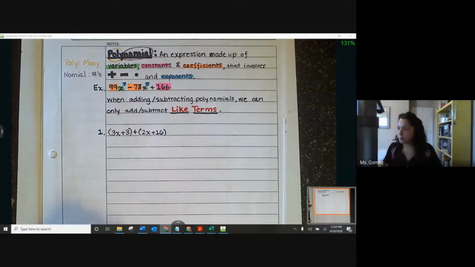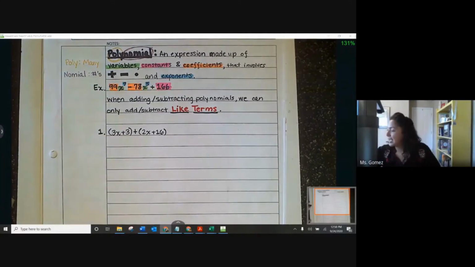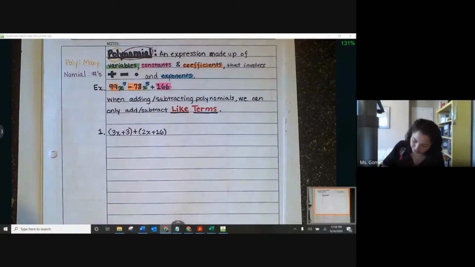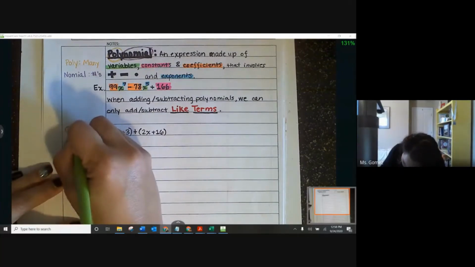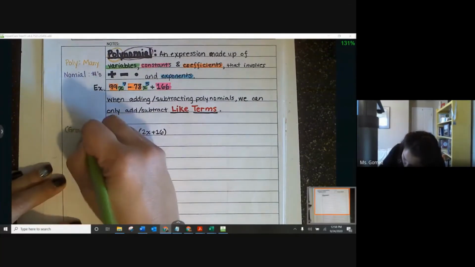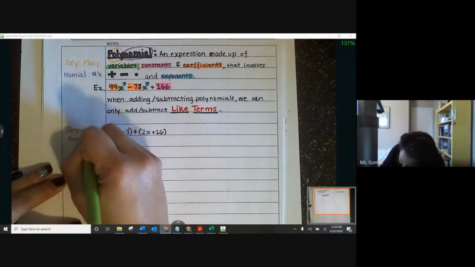So, Miss Chavez had said that the parentheses are telling us to add because that's in between them. Now, what these parentheses are doing is they are acting as grouping symbols.